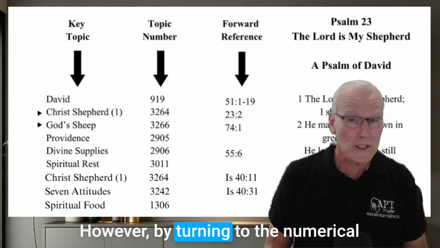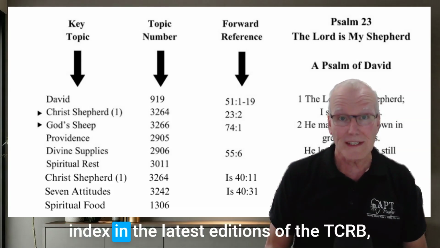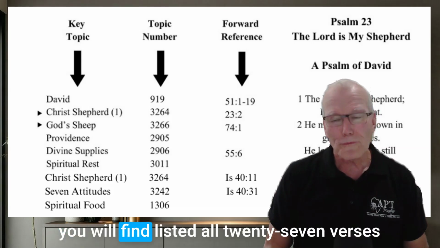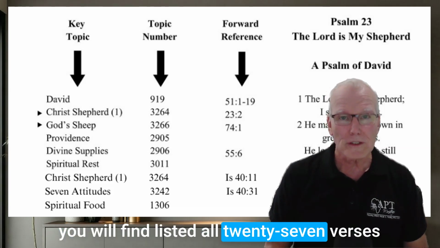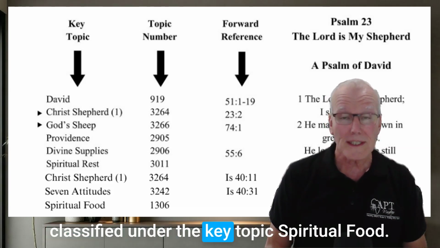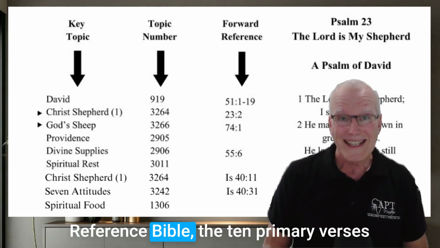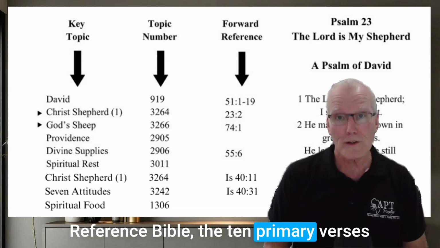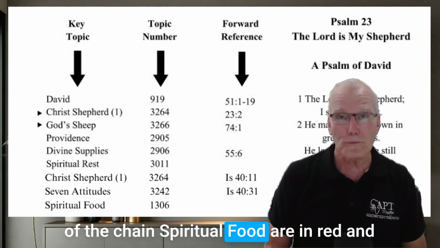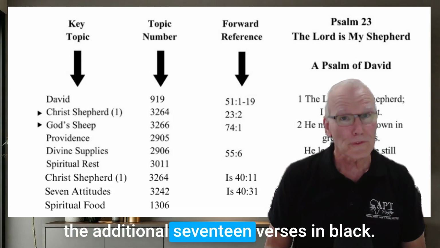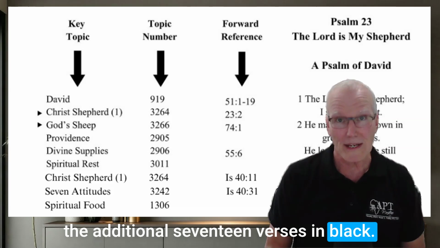However, by turning to the numerical index in the latest editions of the TCRB, you will find listed all 27 verses classified under the key topic, spiritual food. In the latest edition of the Thompson Chain Reference Bible, the 10 primary verses of the chain spiritual food are in red and the additional 17 verses in black.